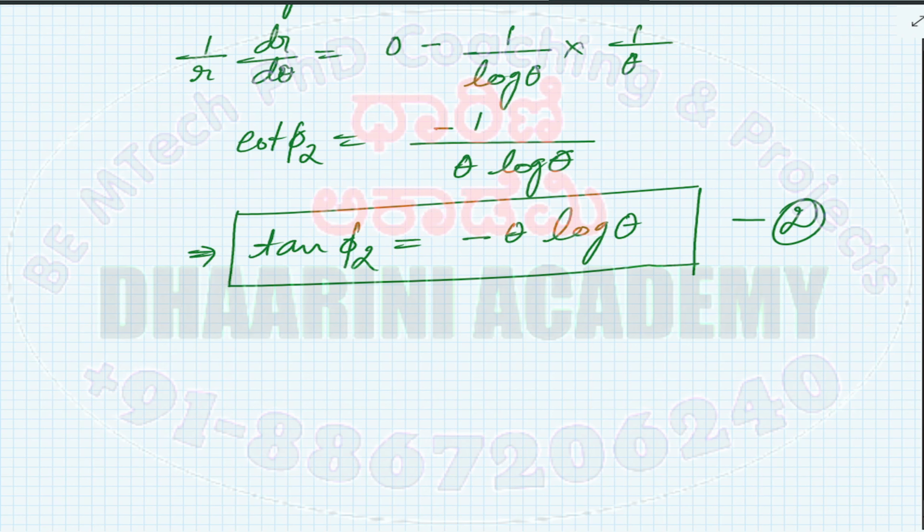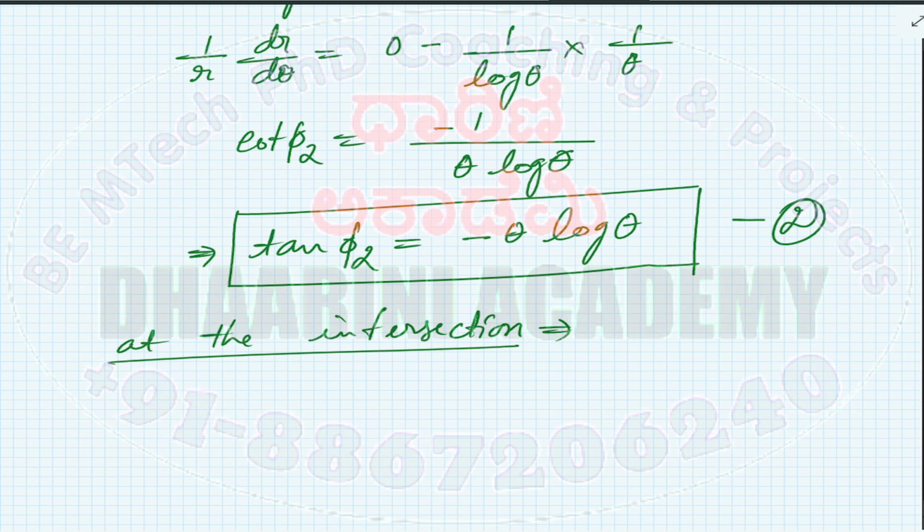Right, now recall the previous answer. Once we find tan phi 1 and phi 2, our intention is to find the point where both the curves intersect. So at the intersection, what happens? Both the curves are equal, correct?